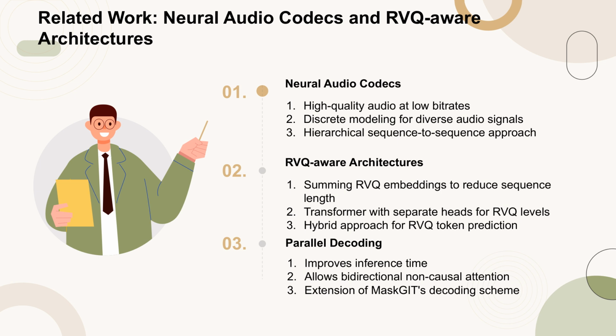This approach is exemplified by models like AudioGen, which uses a transformer with separate heads for different RVQ levels. Additionally, parallel decoding schemes have been proposed to improve inference time and allow bidirectional non-causal attention, extending the iterative sampling scheme of MaskGIT to token sequences produced by residual quantization.